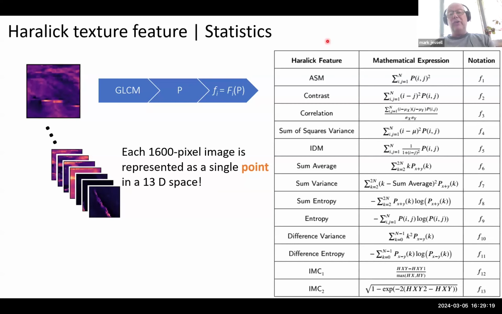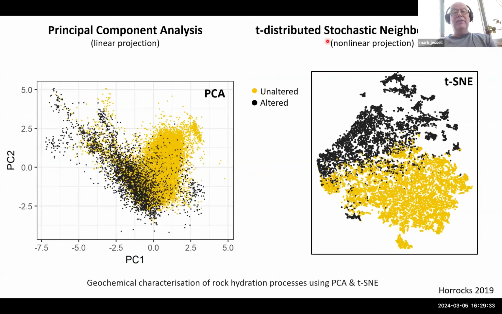So this gives us a 13-dimensional space, and there are many different ways that you can try to represent 13-dimensional space in 2D or 3D to make it easier for the geologist to deal with. On the left-hand side, we have what is often used for dimensionality reduction, which is principal component analysis. This is a paper by Tom Horrocks, who looked at a nickel deposit in Lapland in Finland, and he plotted the various parameters which were characterizing unaltered and altered minerals.